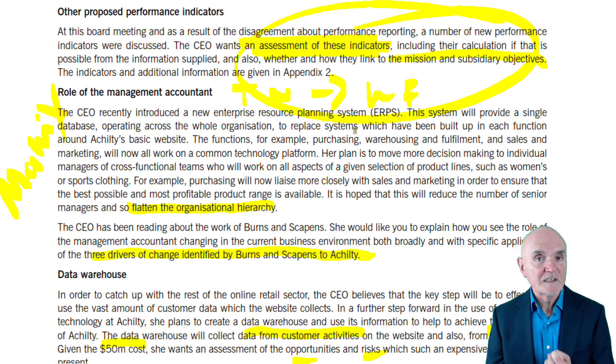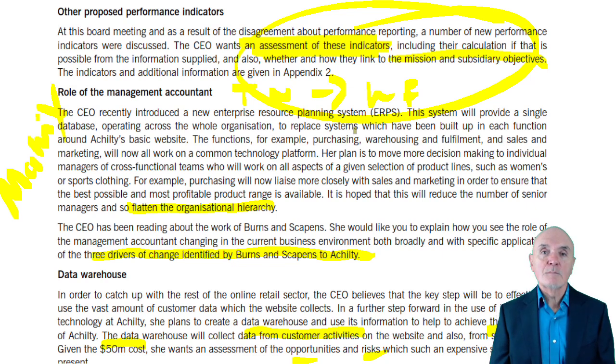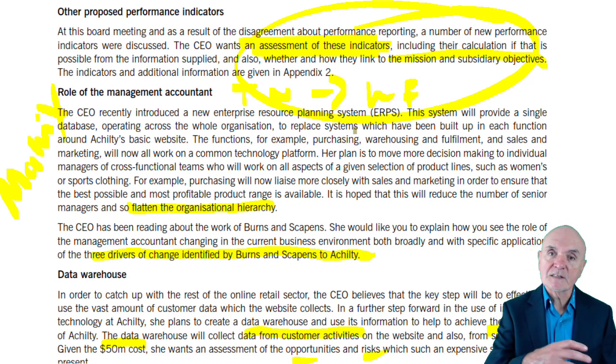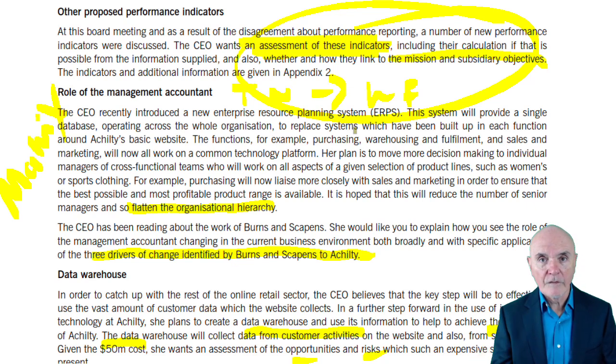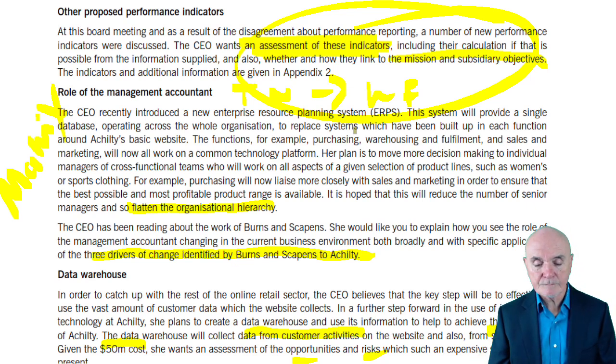So the fierceness of competition means that everyone has to be up at their best game, on their toes. And this requires lots of useful advice coming from the accounting side of the business being transferred to other functional departments.